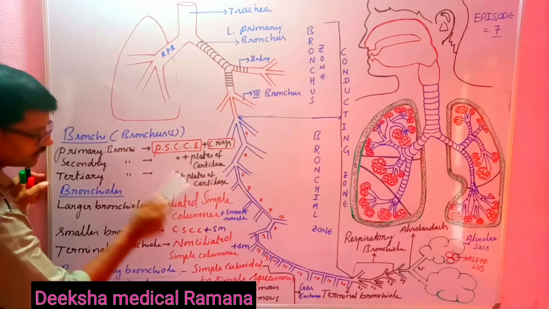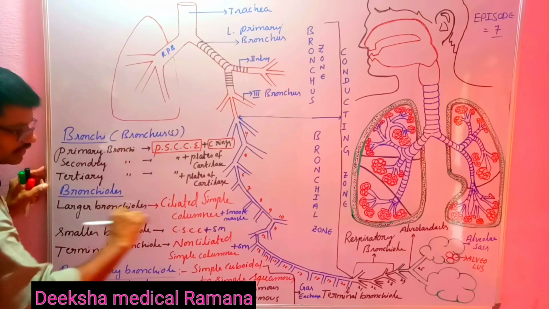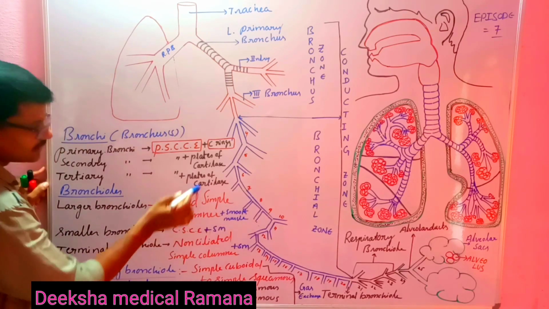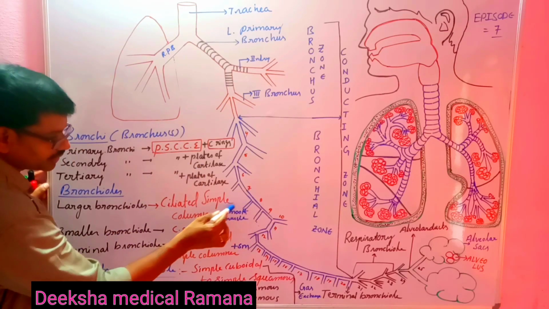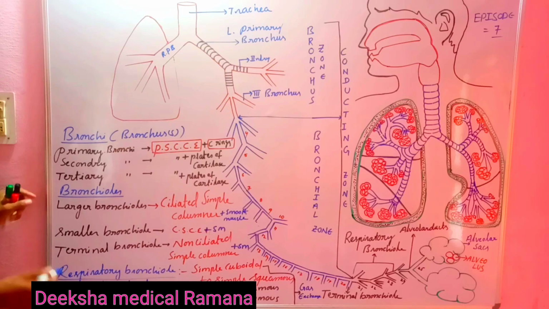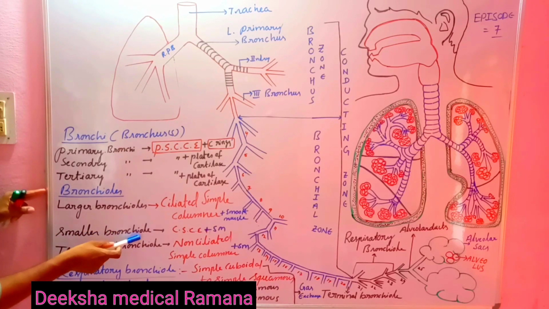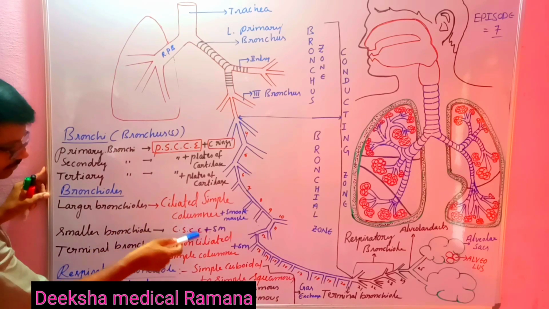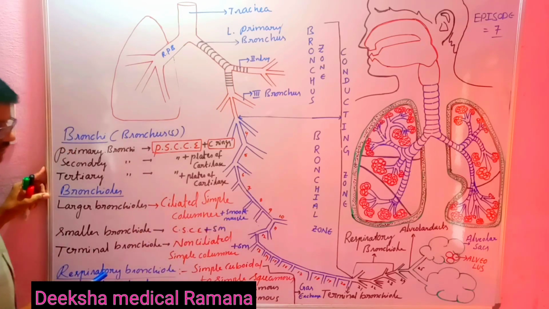Here the presence of cilia and simple columnar epithelium means a single layer of column-shaped cells is present, and very important, instead of cartilage, smooth muscles are present. The smaller bronchioles are also lined by ciliated simple columnar epithelium, and here also more smooth muscles are present.